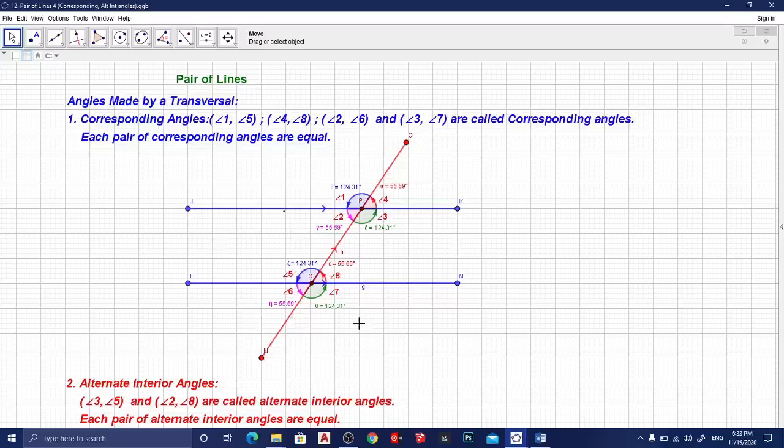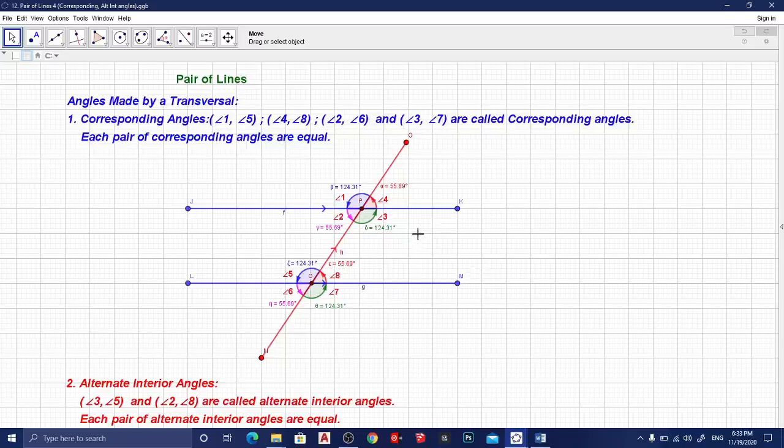They have some properties also. Those angles have some special names and special properties also. So that's why angles made by a transversal when it is intersecting two parallel lines only.